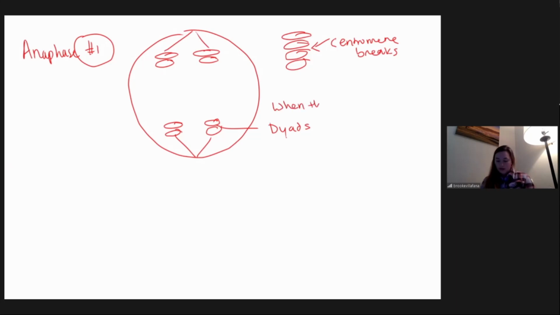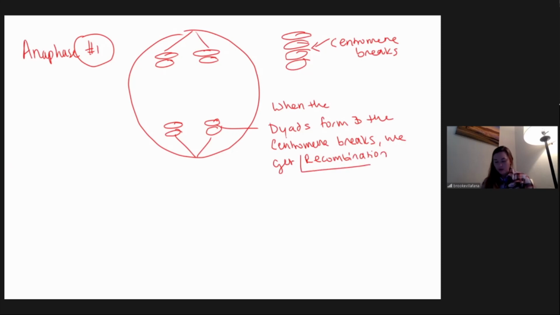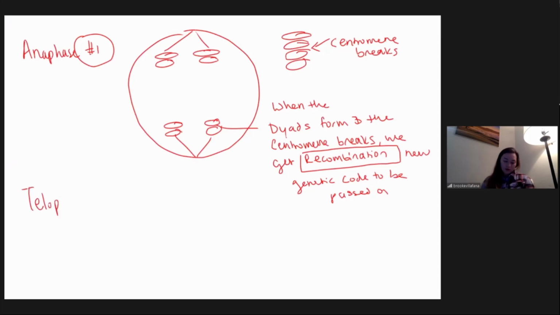When the dyads form and the centromere breaks, we have another term that you need to know. We get recombination. And recombination is the term for the new genetic code to be passed on. When you go from anaphase 1 to telophase 1, that would be the cytokinesis or the division of the cytoplasm.